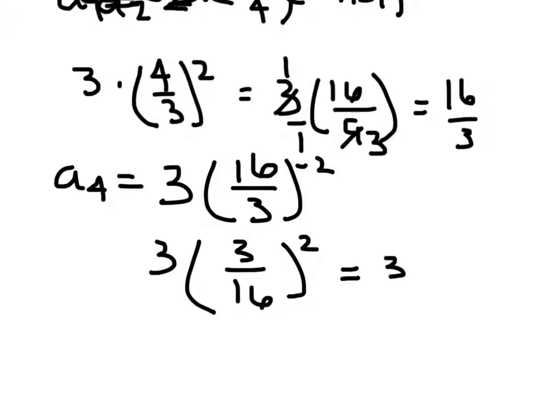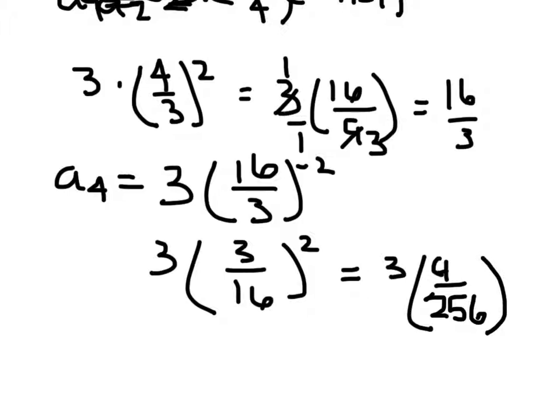And now I'll have 3 times, well, 3 squared is 9. And 16 squared is 256. I know that 3 does not divide evenly into 256. So my answer will be 27 out of 256 for the value of that fourth term.